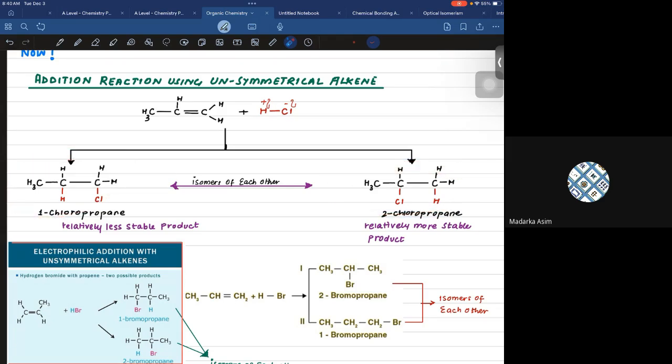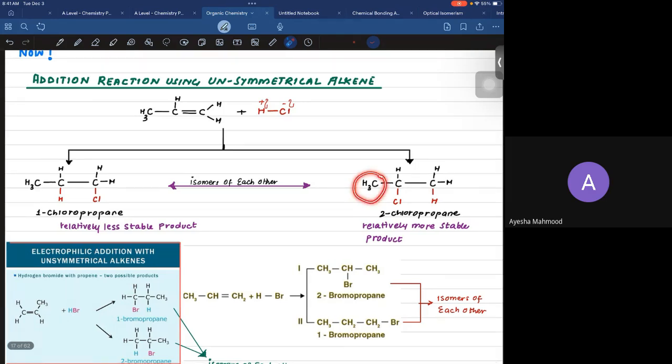Sir, there is CH3 in chloropropene, so aren't there more hydrogens? Oh, directly attached hydrogens.